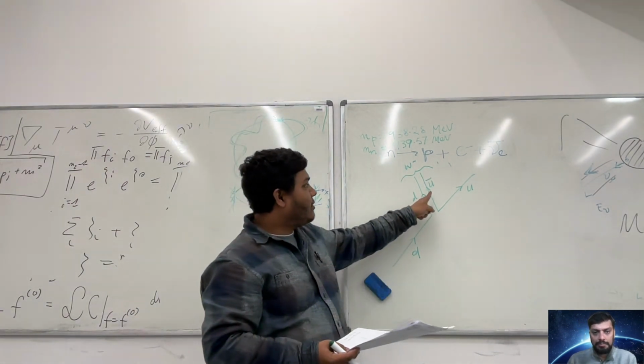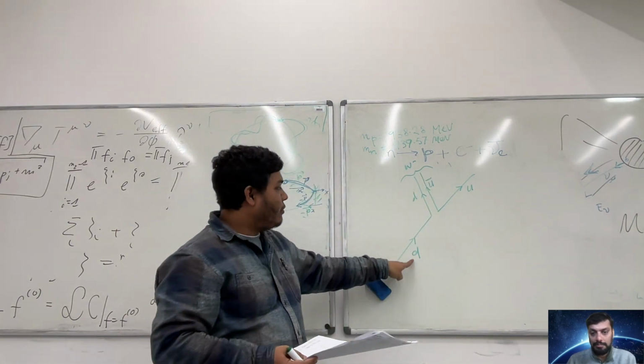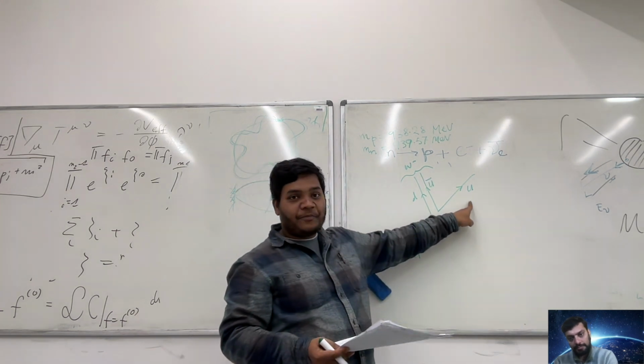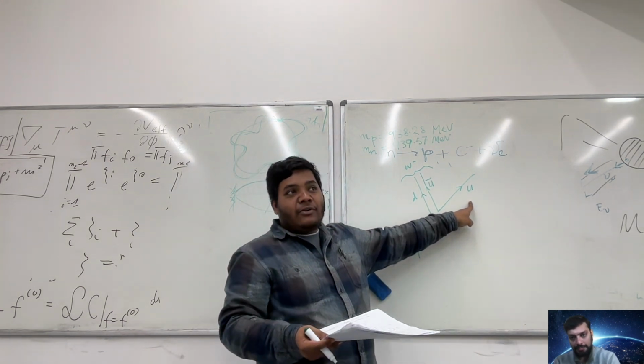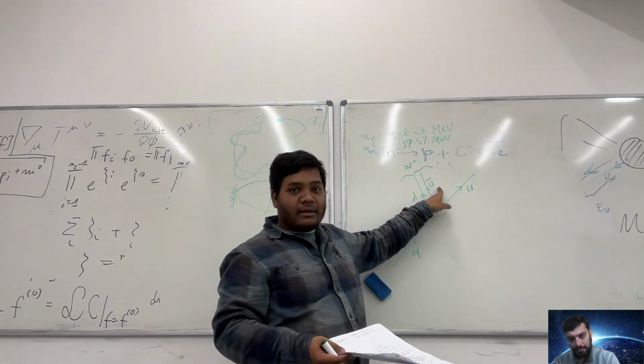This is just an imaginary way one can think about how the particle forms. Your down quark converts to an up quark, and this up quark cannot be created on its own. Whenever any particle is created, it is created with its antiparticle.